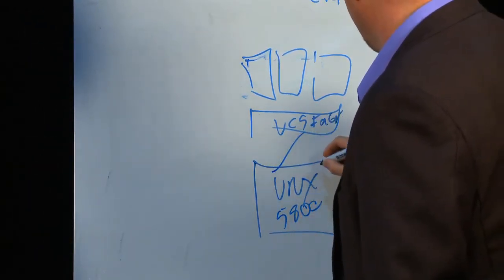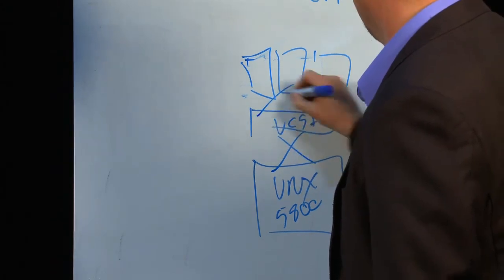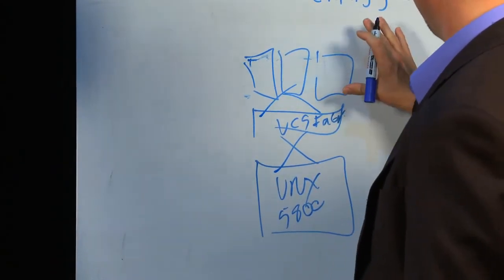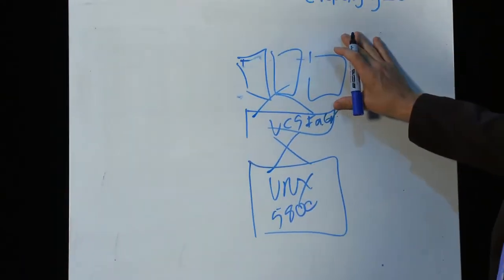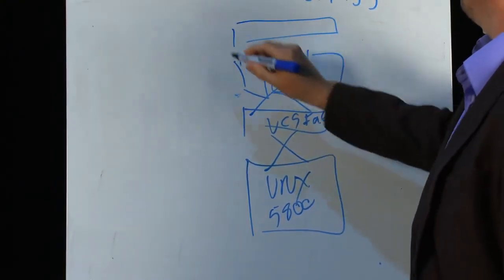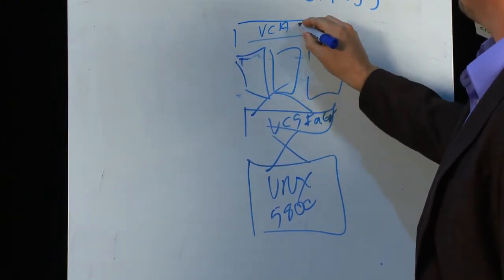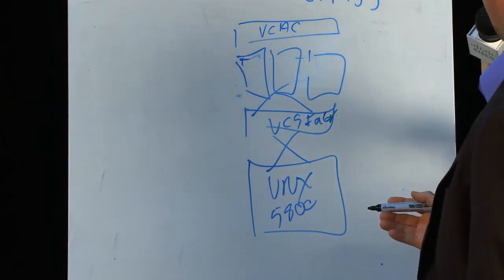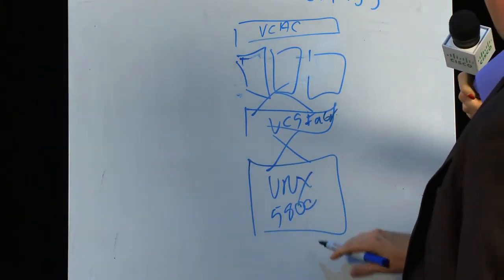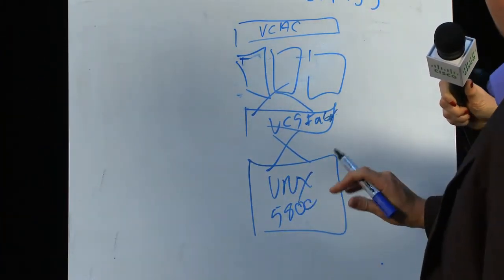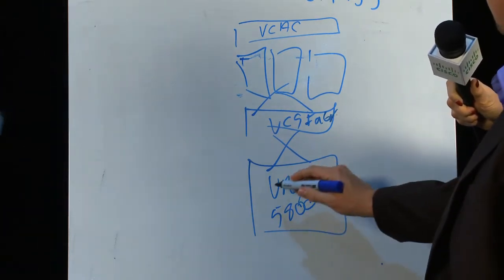Okay, so we're going to have redundant networking, redundant fabric to all of our UCS blades, and then on top of this, we're going to use VCAC as the management orchestration layer, and then on the storage side, we're going to have linked clones, and we're going to use our fast caching with flash to accelerate the boot.